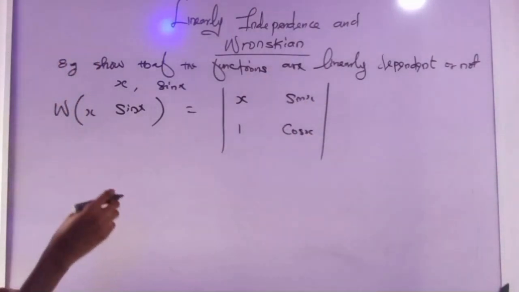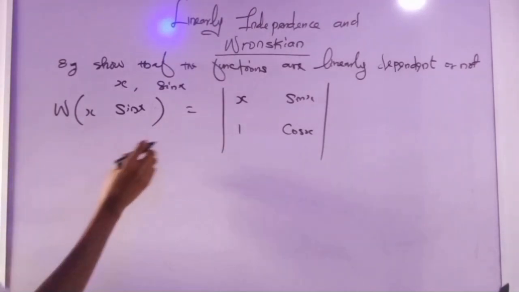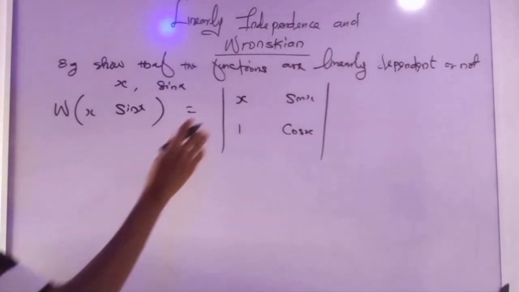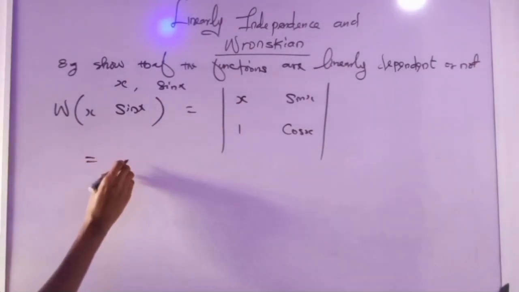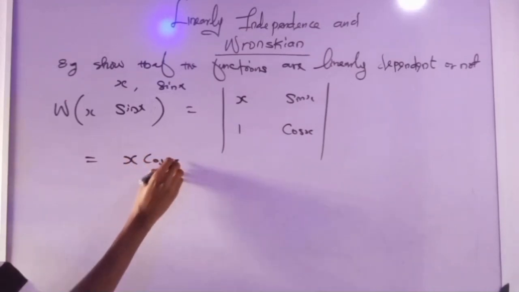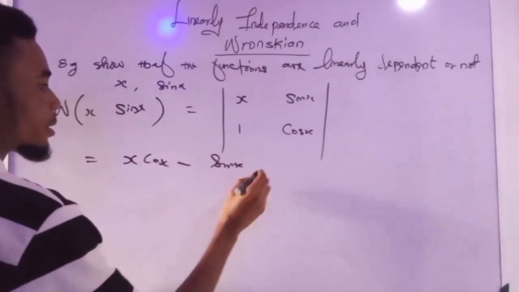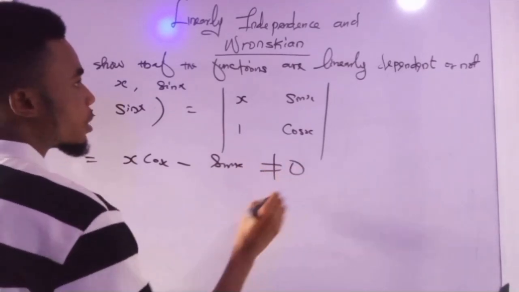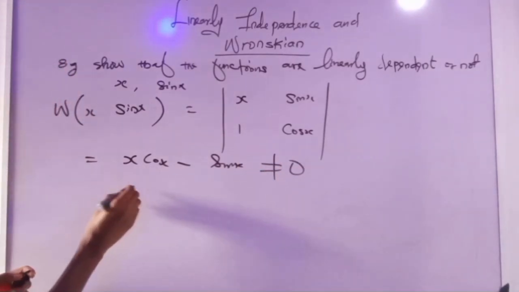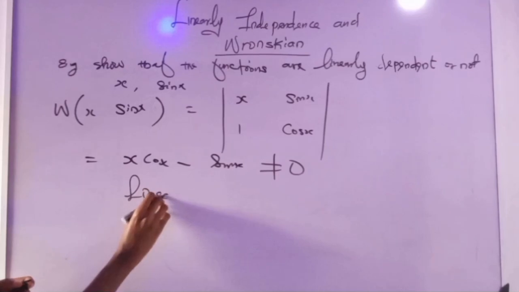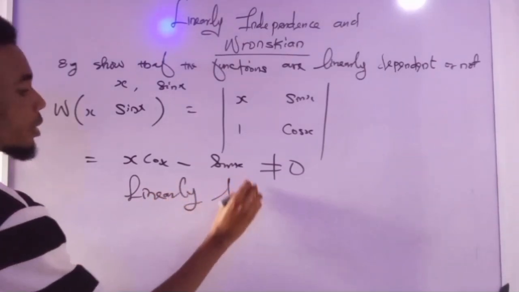So now I will apply the determinant, which can be given as x cos x minus sin x. Now you can see that this determinant is not equal to 0, so the functions are linearly independent.